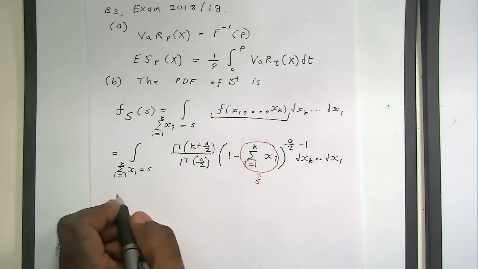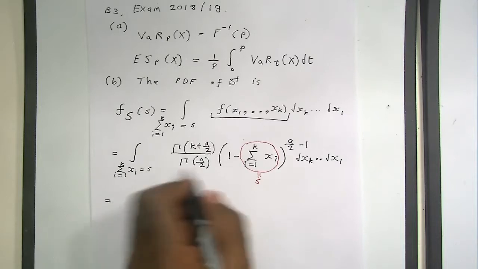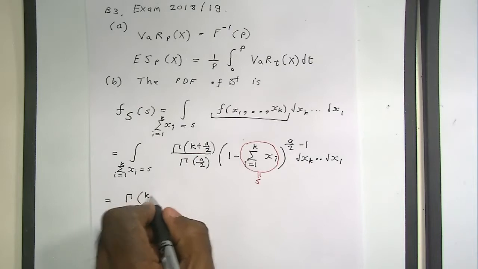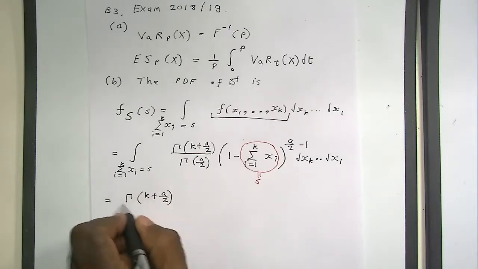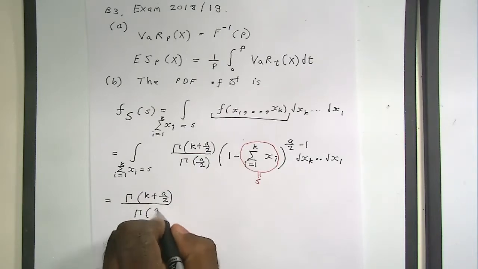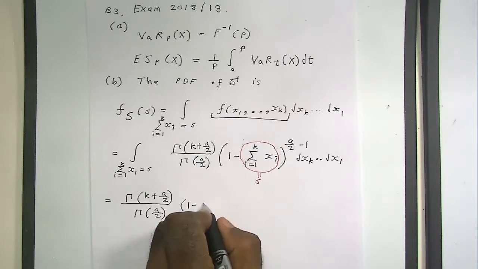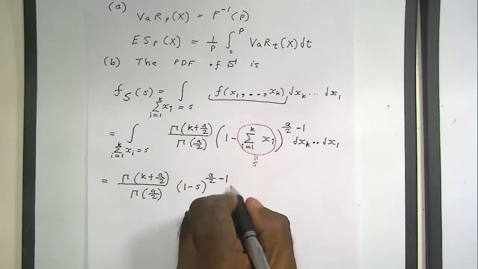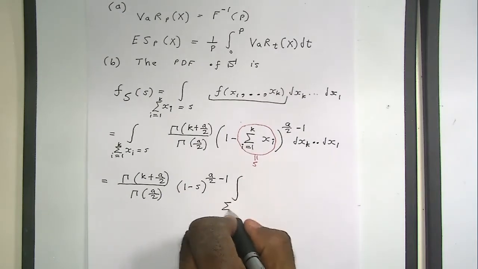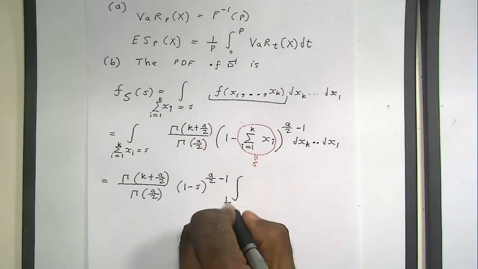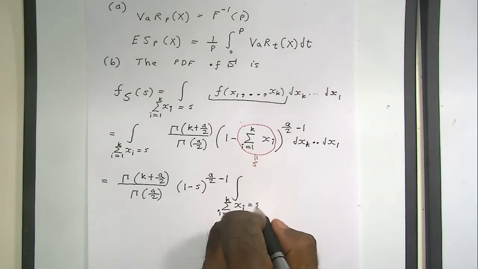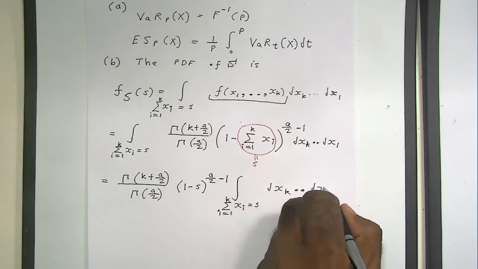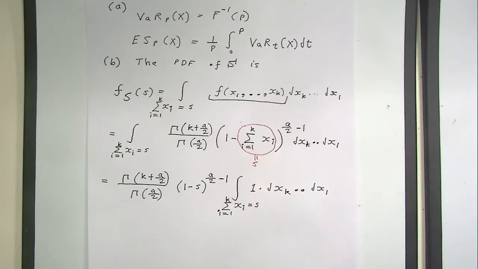So basically, everything here is a constant, so you can pull it out, multiplied by the integral over the region of dx_k up to dx_1.